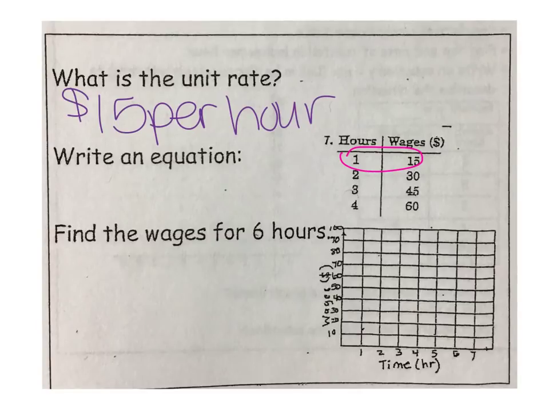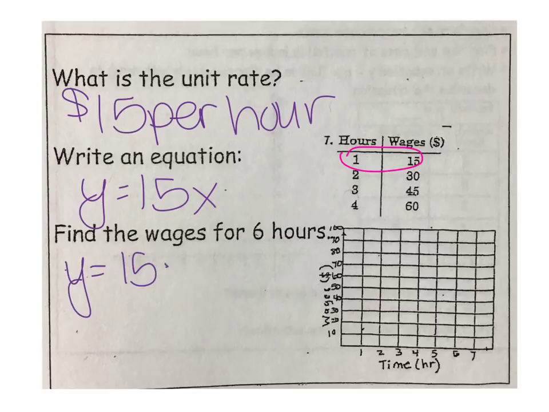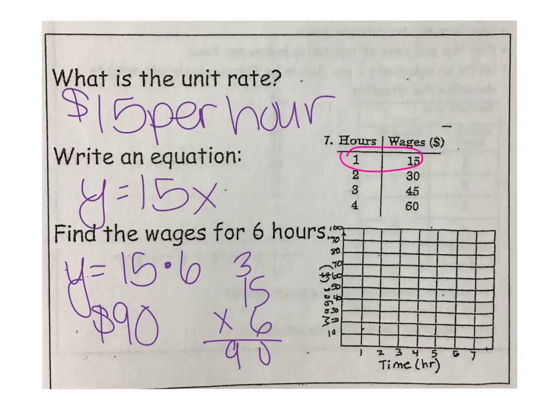So if my unit rate's 15, it's going to be y equals 15x. And then how much is it going to be for 6? Well, let's plug it in. So y equals 15 times 6, which is $90 for 6 hours.